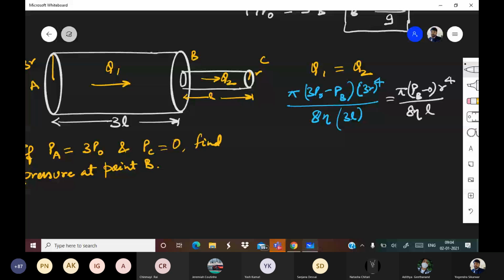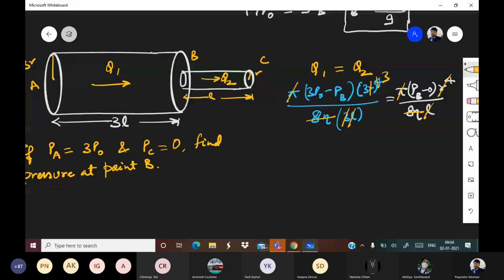If you compare these two, this pi got cancelled, this R to the power 4 got cancelled, this 8 eta got cancelled, this L got cancelled. So what are we left with? Let me cancel this 3 with the 3 to the power 4, giving 3 to the power 3. So 3 into 3 into 3 will be 27, and 27 into 3 will be 81.